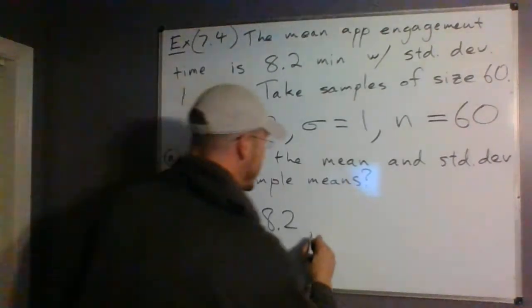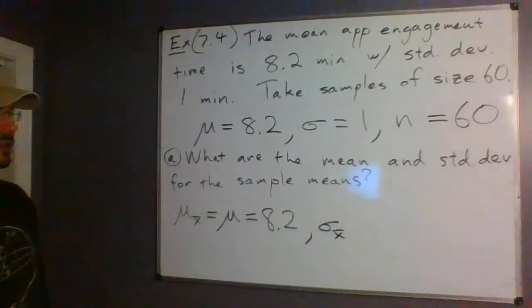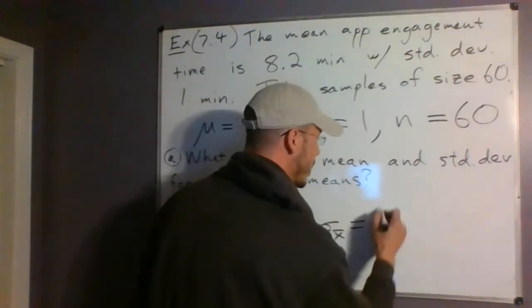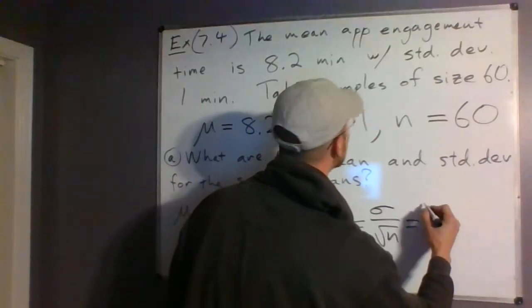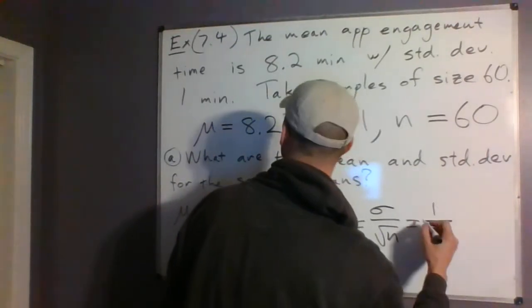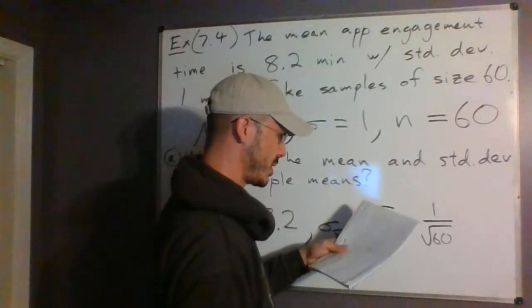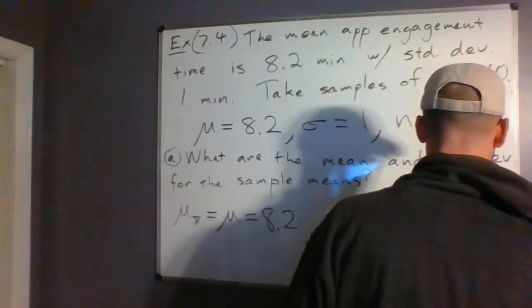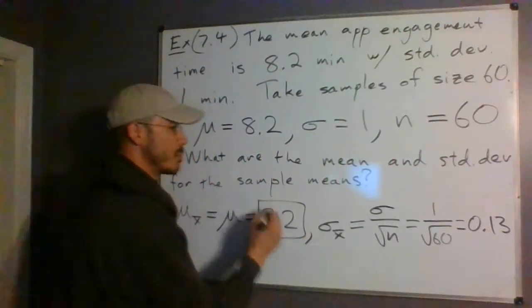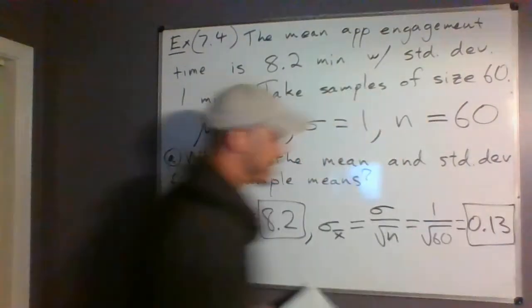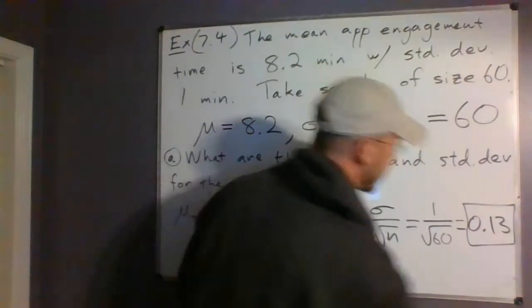The standard deviation for the distribution of sample means is, the formula is sigma over root n. In this case, that's 1 over the square root of 60, which is 0.13. So that's the mean, that's the standard deviation. We're going to use that in the later parts.